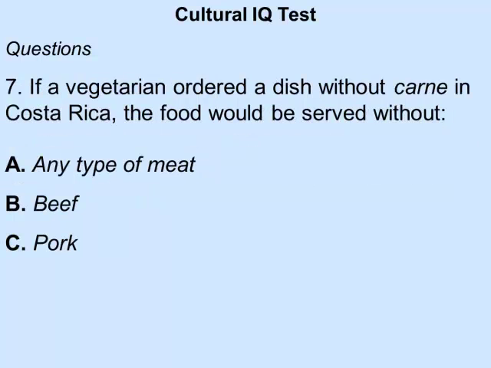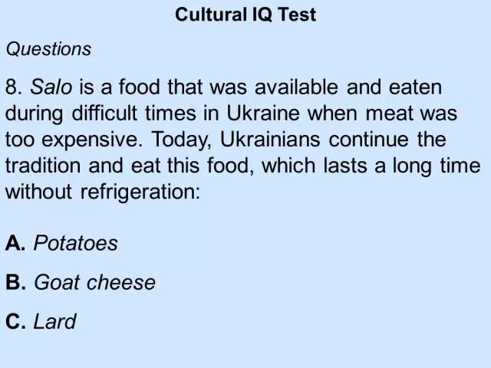Seven. If a vegetarian ordered a dish without carne in Costa Rica, the food would be served without A. Any type of meat, B. Beef, C. Pork. 8.